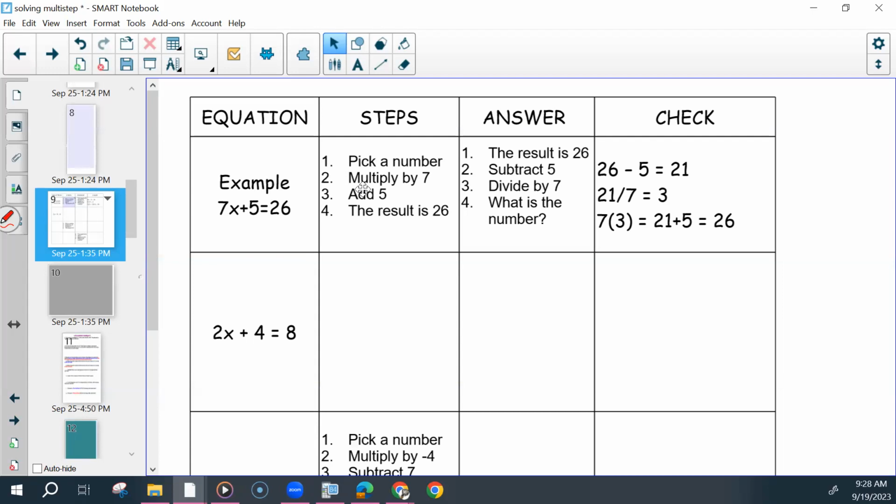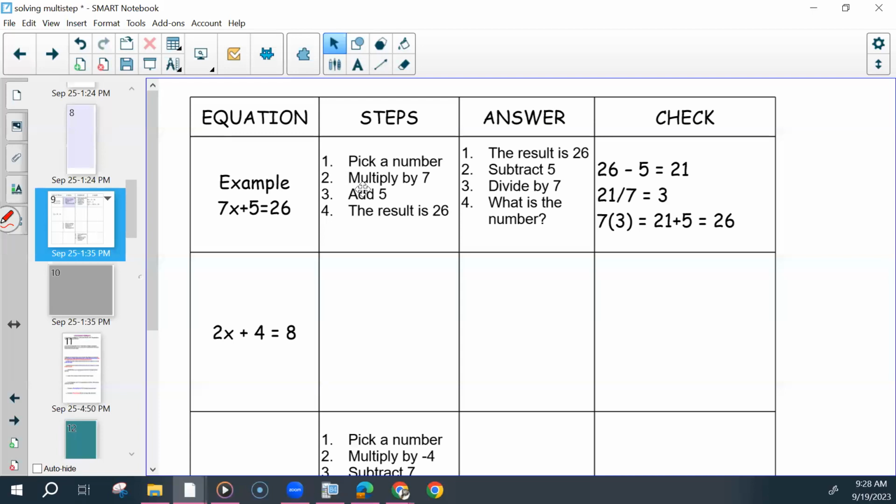The answer part is like you solving it. You would start with the result of 26. You would subtract 5 from both sides. You would divide both sides by 7. You're looking for what is the answer. The check part is 2 things. It's doing what the answer just described.